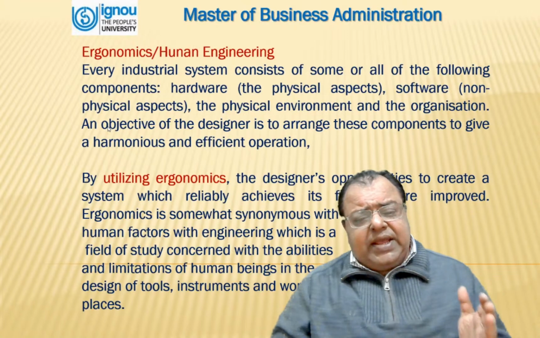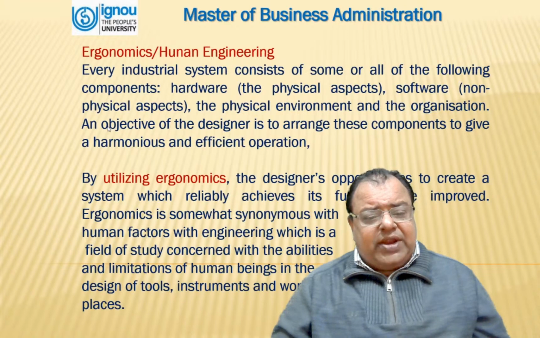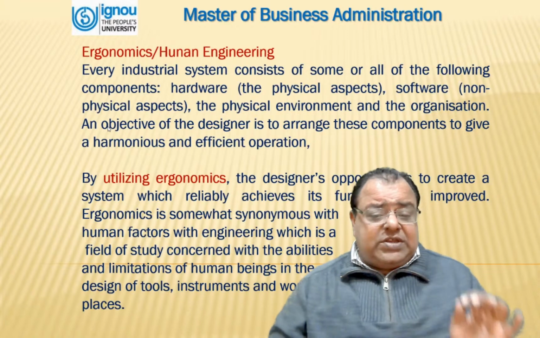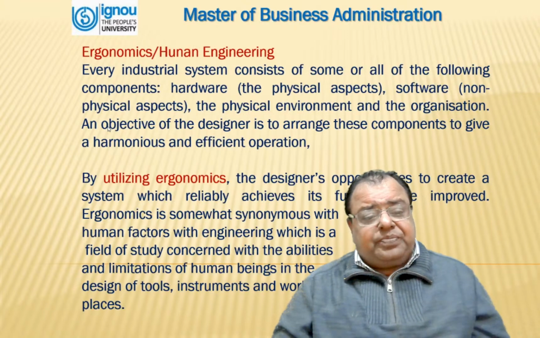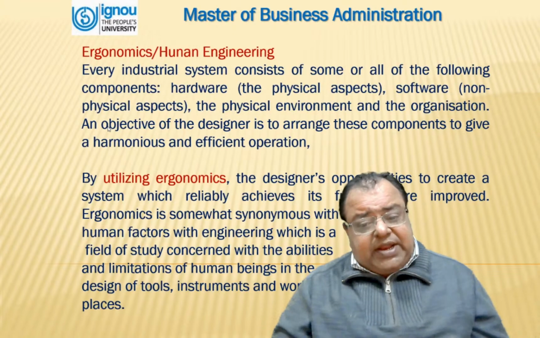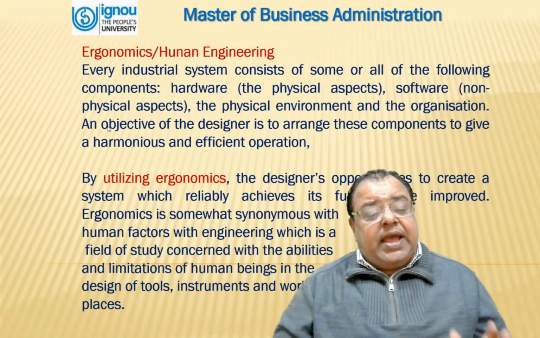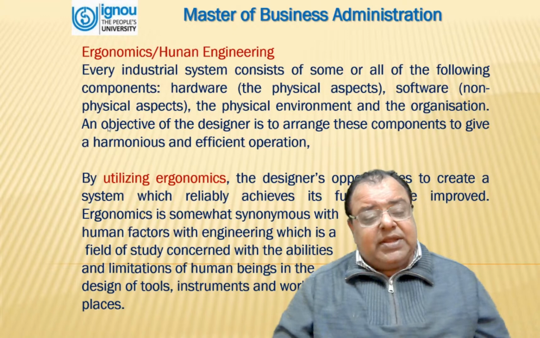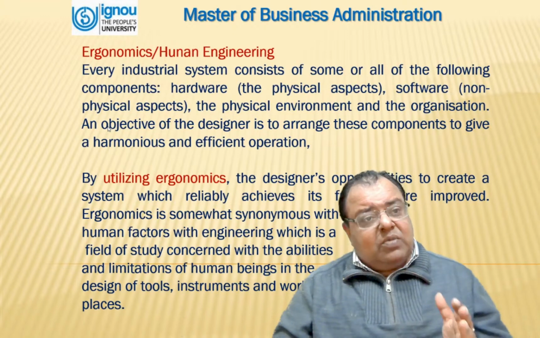By utilizing ergonomics, the designer's opportunities to create a system which reliably achieves its function are improved. Ergonomics is somewhat synonymous with human factors engineering, which is the field of study concerned with the abilities and limitations of human beings in the design of tools, instruments, and workplaces.